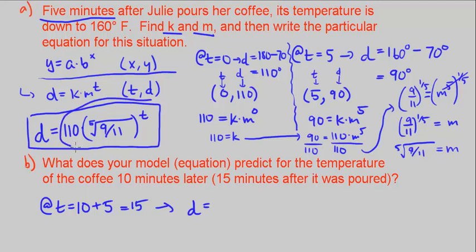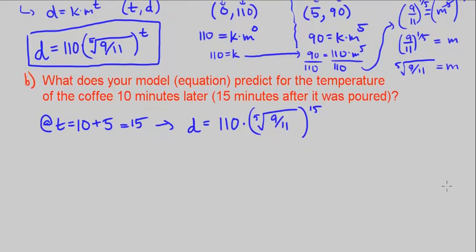Well, we have this equation now. That's our model, or the equation. D is equal to 110 times the 5th root of 9 over 11 to the power of t, which is 15, right? So let's go ahead and just simplify this. We could put it in our calculator right away. Remember, 9 over 11, the 5th root just means 1/5 power.